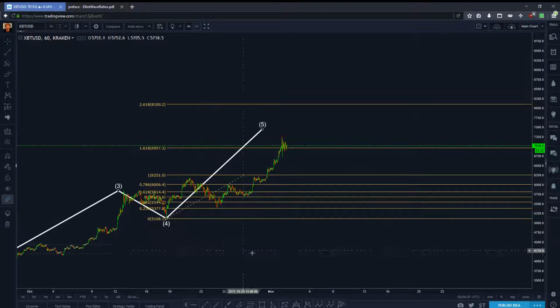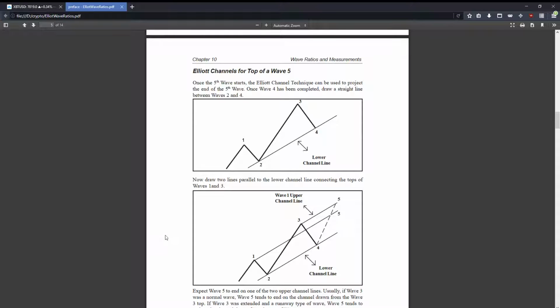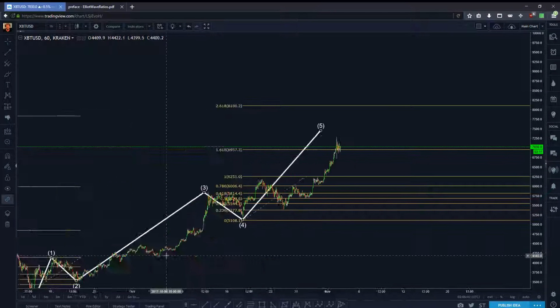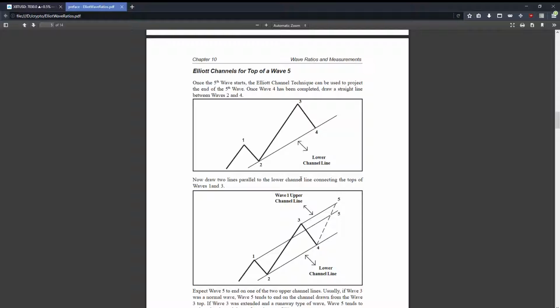As far as Elliott channels go, the way we do them is quite simple. So we'll use our channel tool, but we're basically putting the bottom of the channel on the bottom of wave 2 and wave 4, and we put the top of the channel in line with wave 1, and then we draw another channel the same way with the top on wave 3.